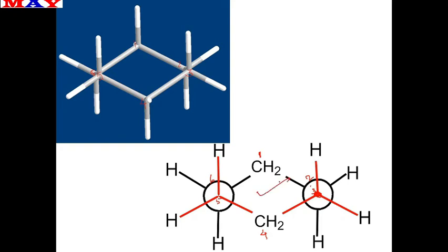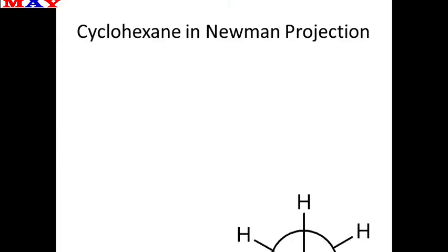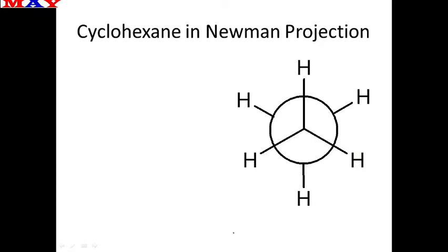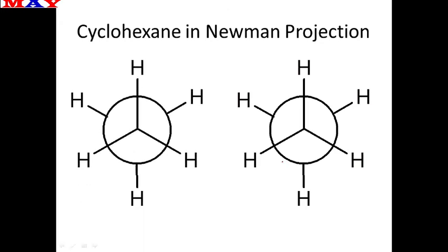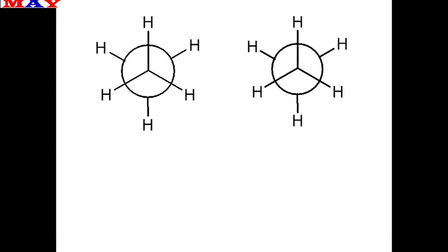To draw this structure more simply, we can take a staggered form of ethane and take its mirror image. Then we bring these two structures close to each other.